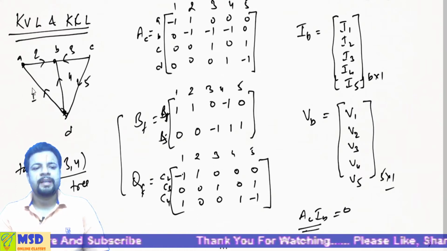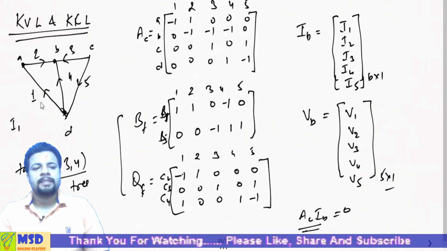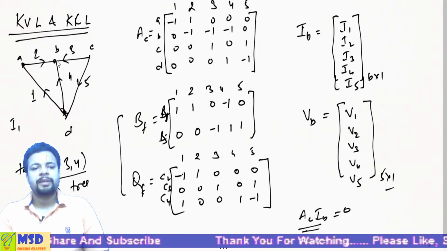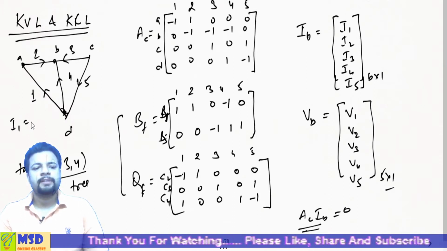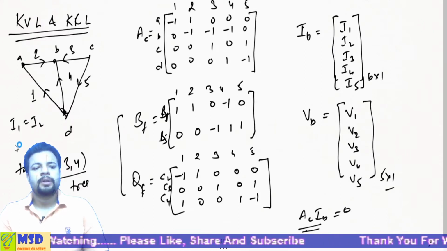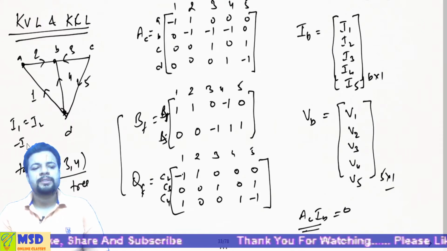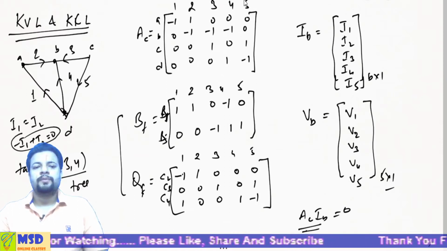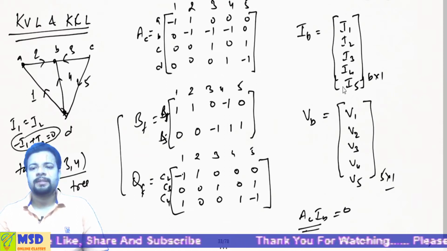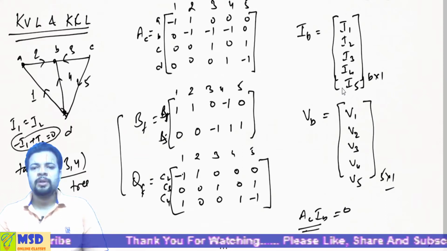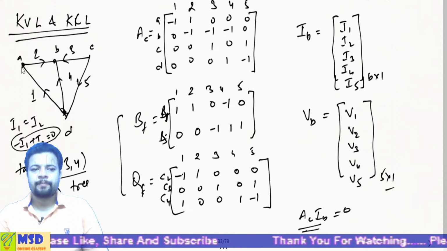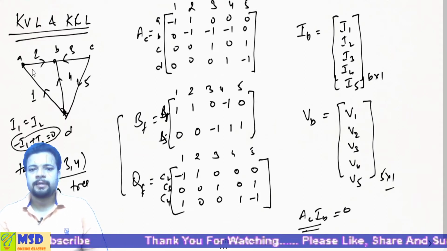That means if I take current I1 as the current flowing in this branch and I2 be the current flowing in this branch of the network, then I1 should be equal to I2, or in other words minus I1 plus I2 is equal to 0. So first row multiplied with this column gives me KCL at node A. I hope I'm clear here.